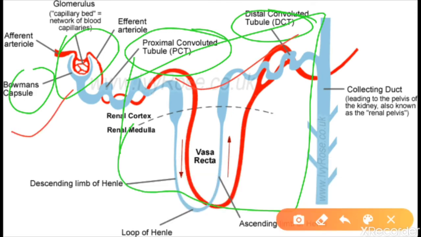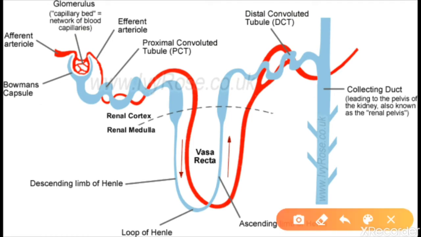Now here in the Bowman's capsule they contain a bundle of blood capillaries, that is known as glomerulus. One end of the glomerulus is attached to the renal artery, here the afferent arteriole.